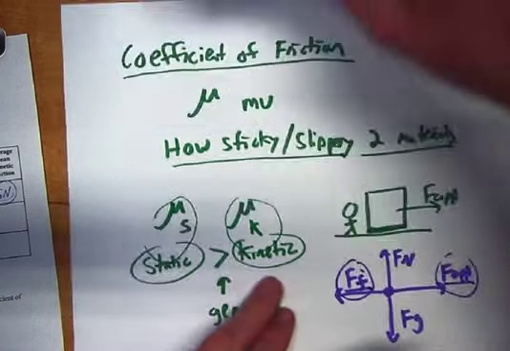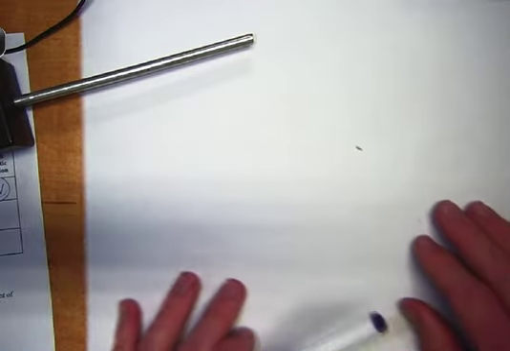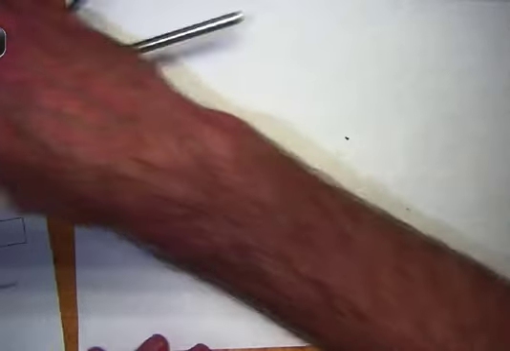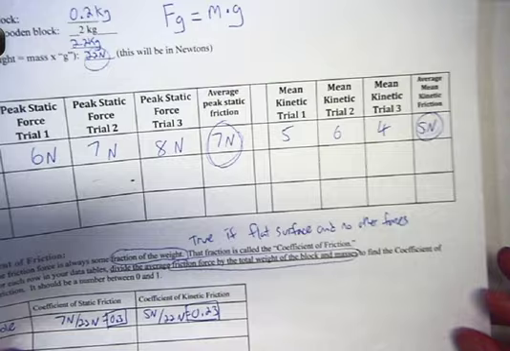Let me move this out of the way, and I'll show you the equation for calculating the coefficient of friction based upon other things. I said over here that it had to do with a fraction of the weight. It turns out to not exactly be the case.